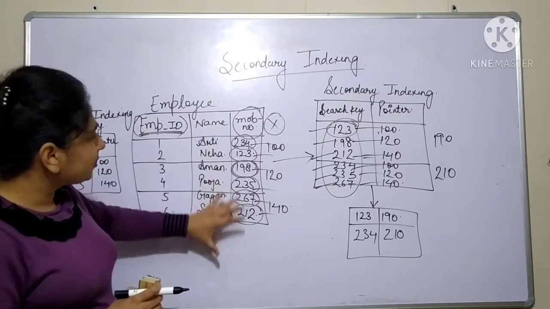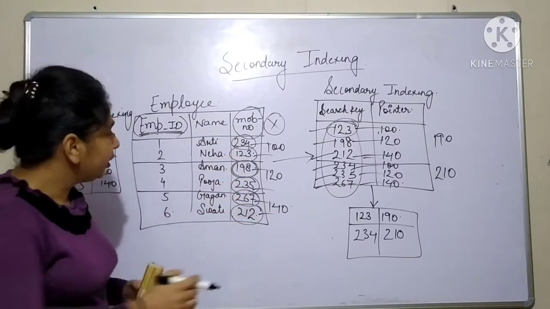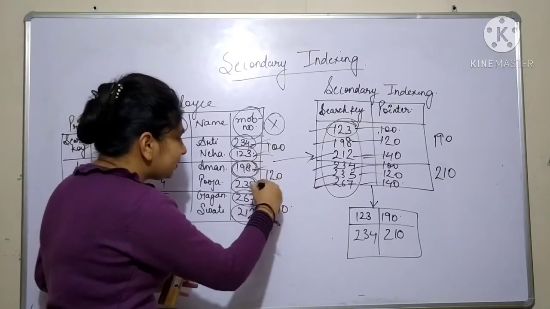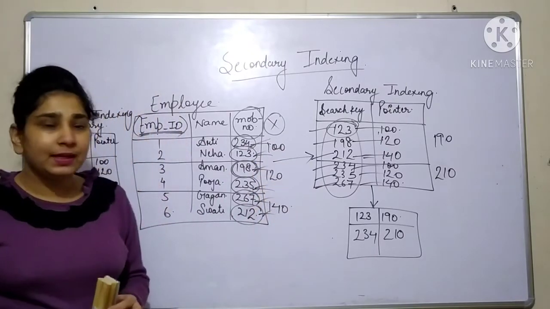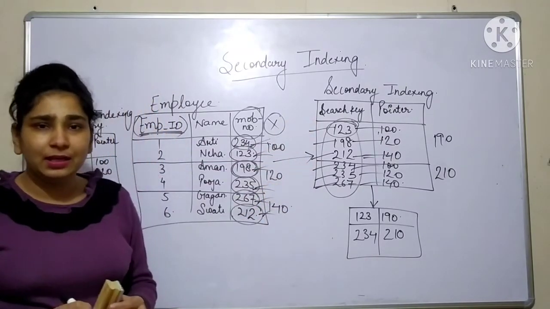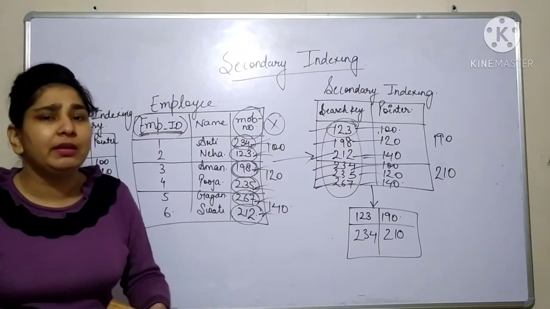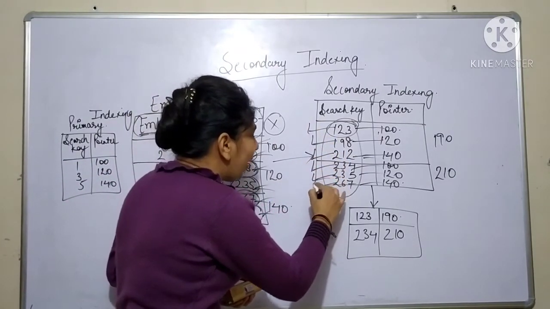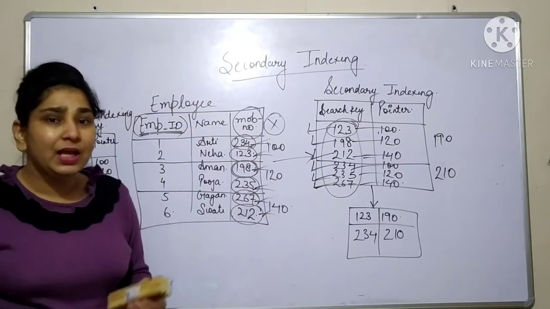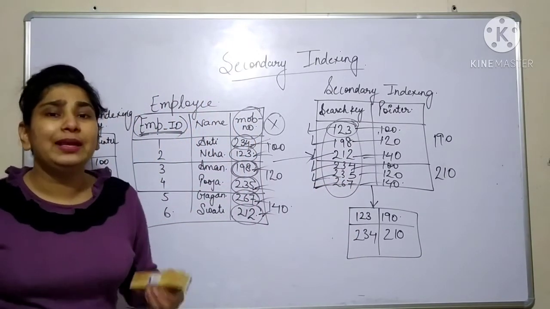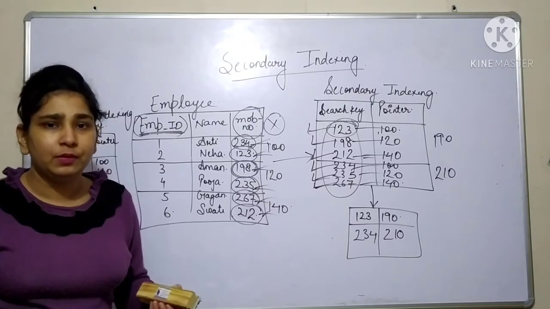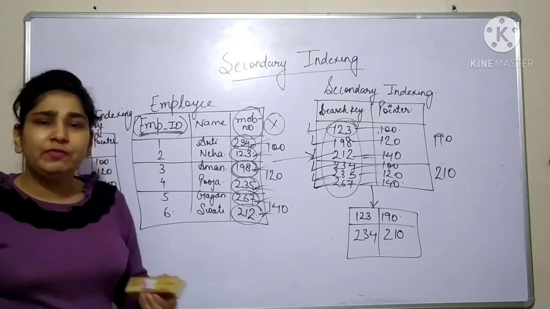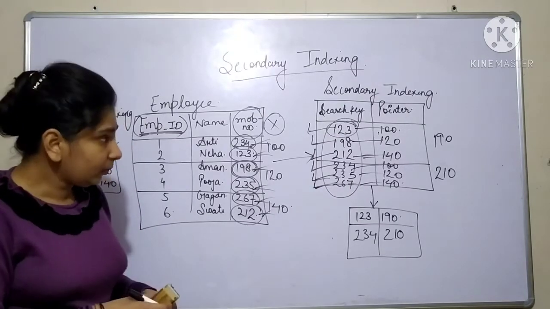If you have to search for a mobile number, you have to check all these 6 values. In this secondary indexing, you are doing the same thing. You will be searching through all these 6 values, so we are not doing anything effective. So what will we do now?